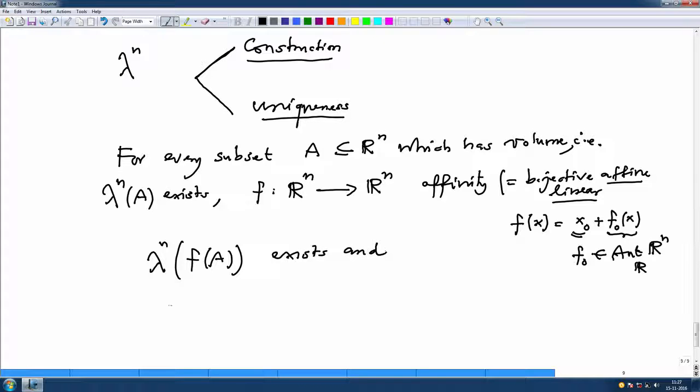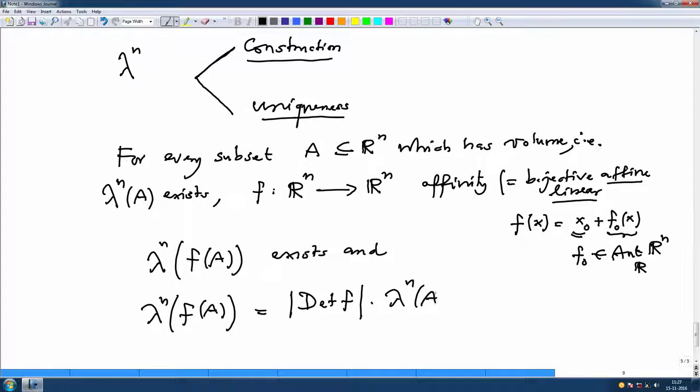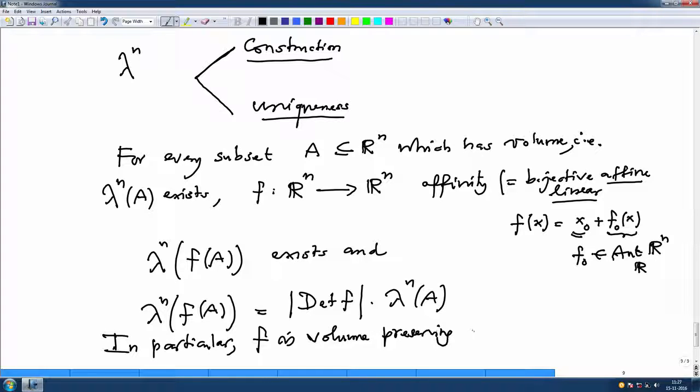And this equality holds: lambda n of F(A) is equal to the mod of the determinant of F times lambda n of A. In particular, F is volume preserving if and only if the mod of the determinant is 1.